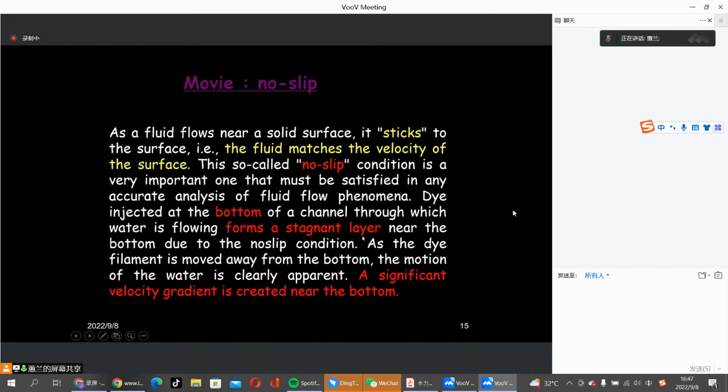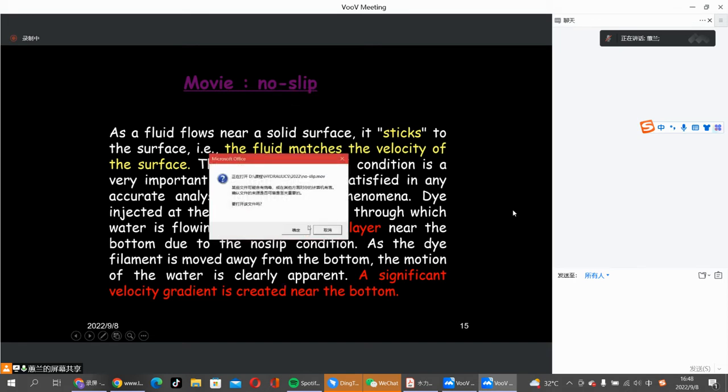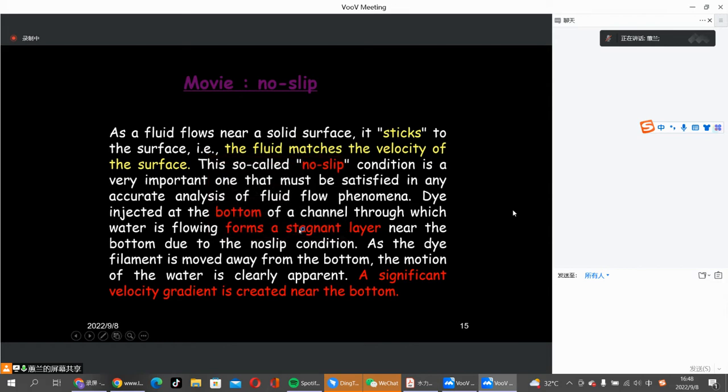That means their velocity will equal zero. However, if we move away the filament, we will see the motion of the water. Okay, we can watch it again. This is the no slip boundary condition.